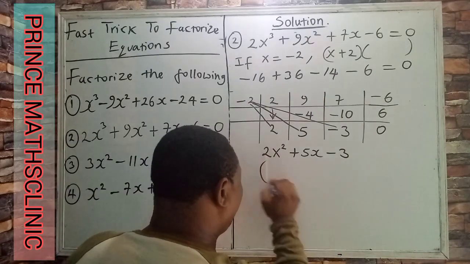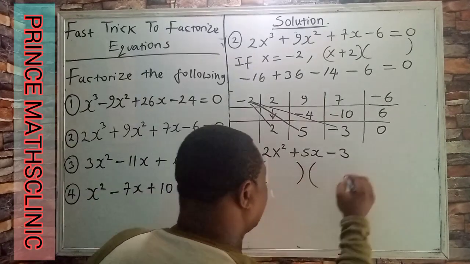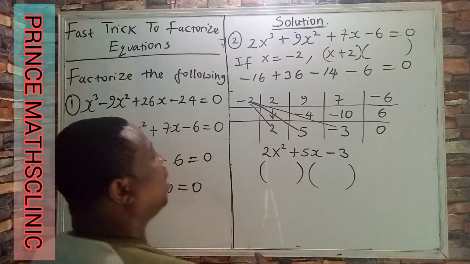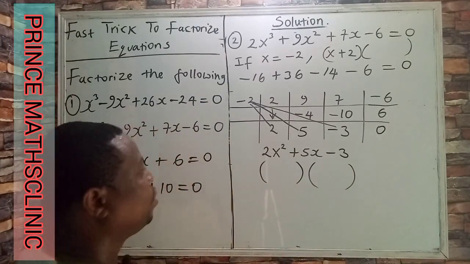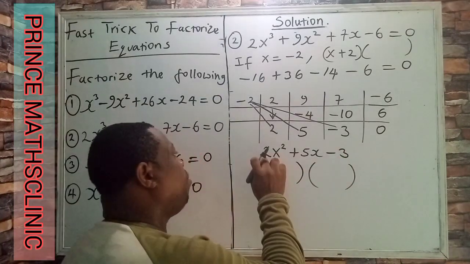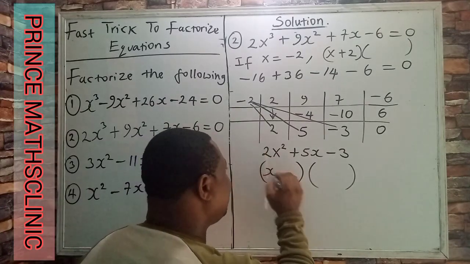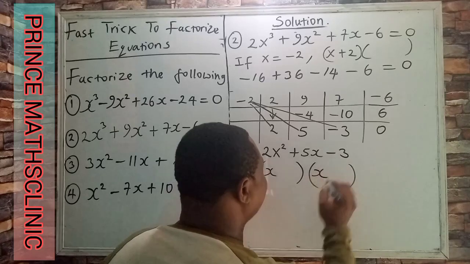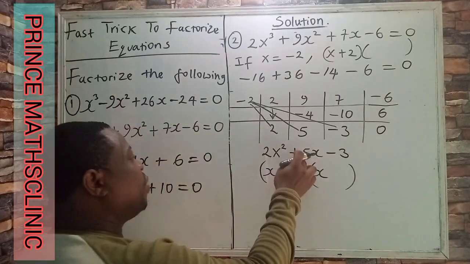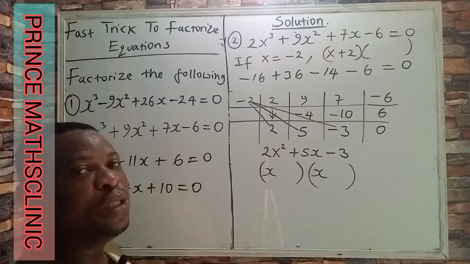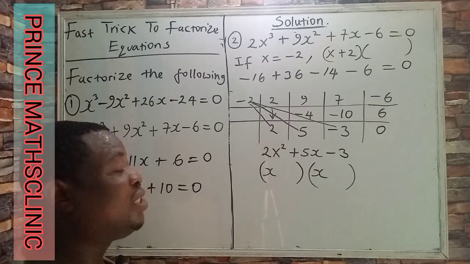So, we can now factorize this by putting 2 brackets. Remember the pattern. You take this negative 3, you multiply 2, you will get negative 6. But first of all, write down x here, write down x here. Then you have positive 5. 2 numbers I will multiply that will give me minus 6.